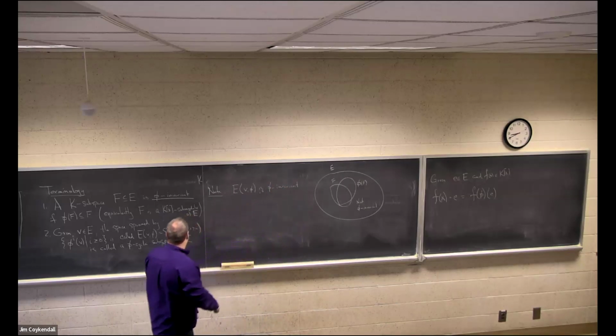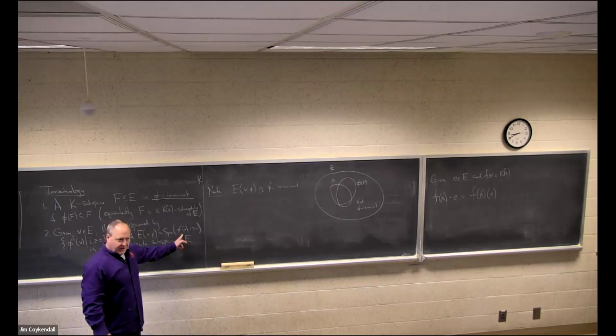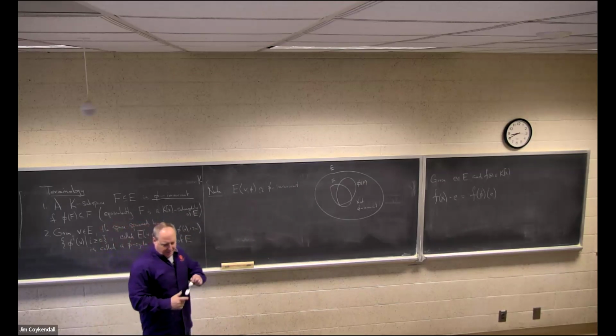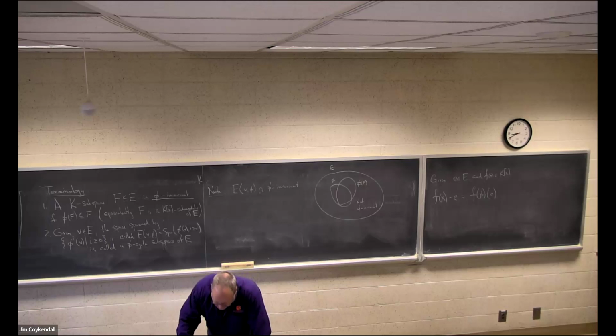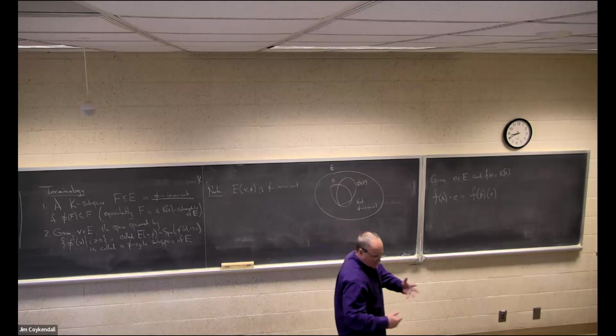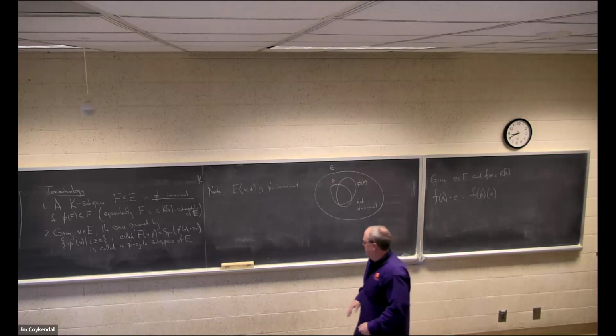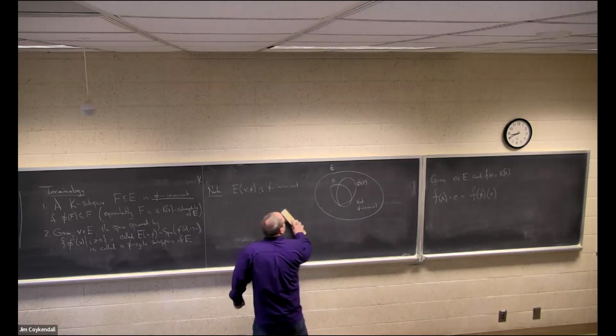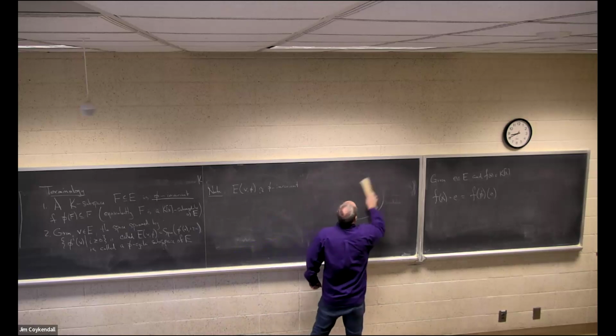Because of course, when you apply phi to the set, you get the same set back. Well, actually, you get a subset of it back, I should say. Okay, so let me give you a theorem, which is basically a consequence of what we did with the modules over PID theorem.